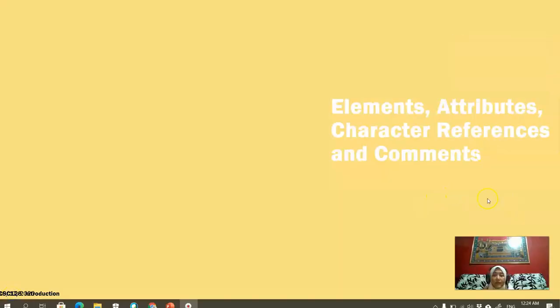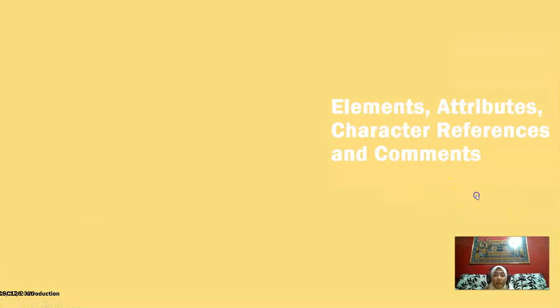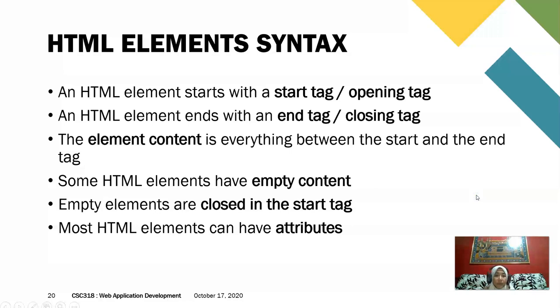We move to the elements, attributes, character references, and comments that we have in HTML. This is very important for you to start creating your own web page. As I mentioned, in HTML we have a start tag, or opening tag, and an end tag, or closing tag. The element content is everything between the start and end tag.